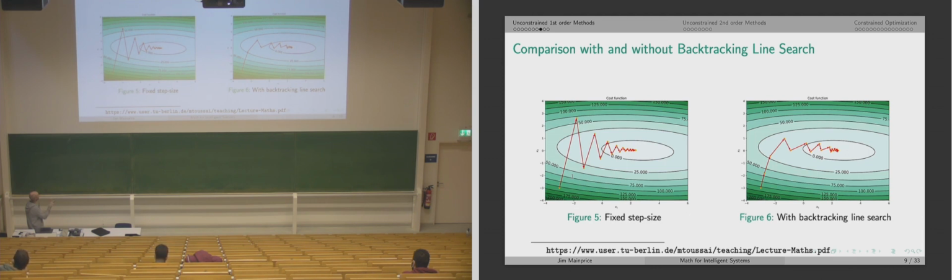And so the backtracking line search will stop here and requery the gradient, which means that the direction is going to deviate a little bit towards the minimum. So it's going to change the behavior of the algorithm in terms of the trajectory that it's following in state space.